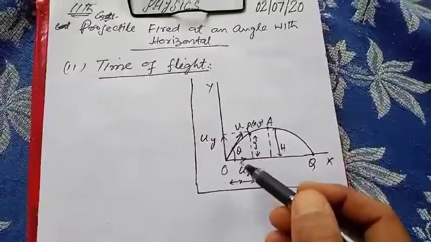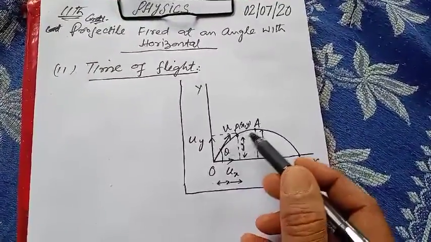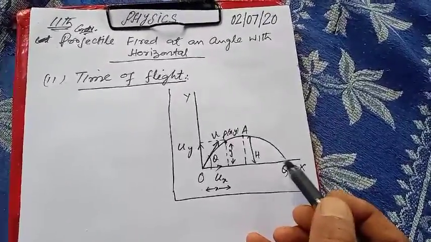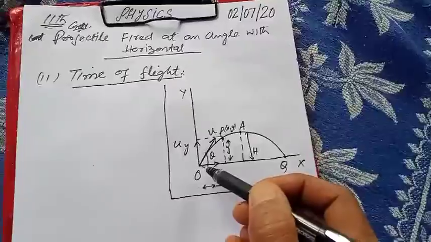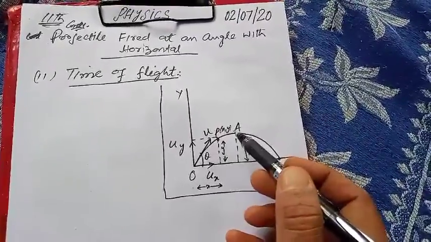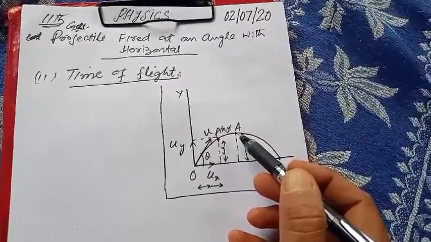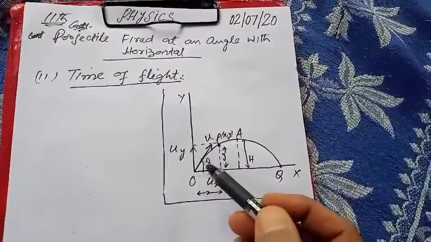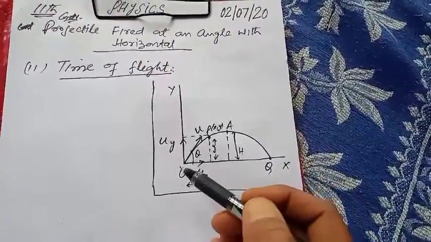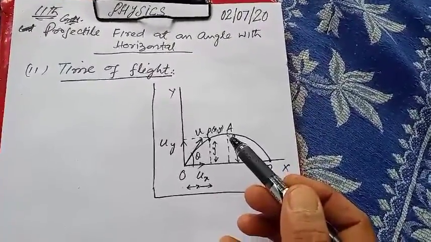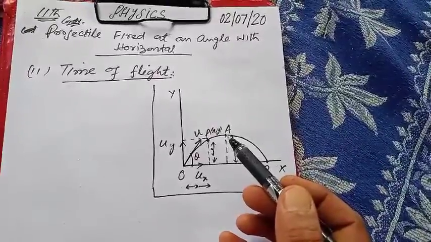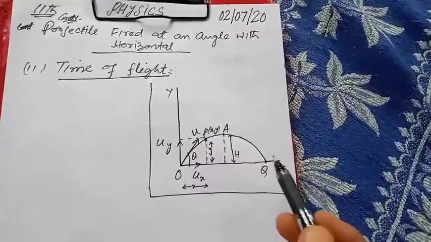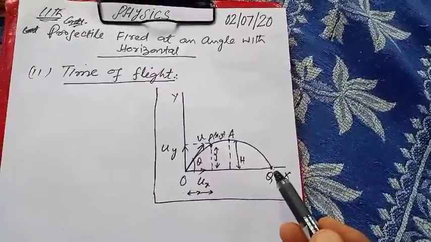Time of flight means the time taken by the projectile to return to the ground. Since the motion from O to A and A to Q are symmetrical, the time taken from O to A when it moves upwards, which is called time of ascent, is equal to the time taken from A to Q when it moves downwards, which is called the time of descent.